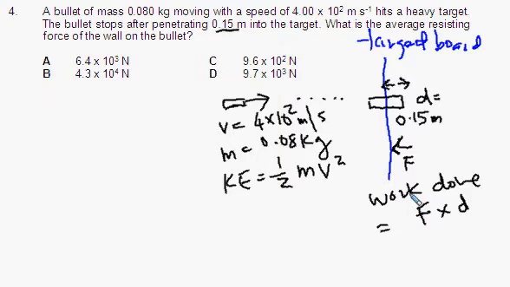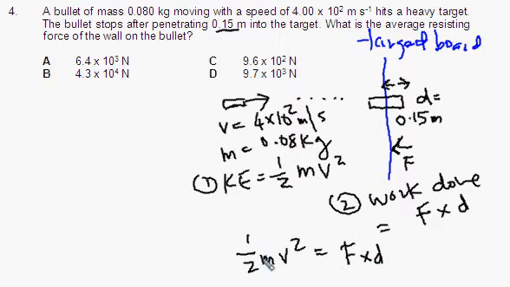You notice there are two types of energy in play: one is the original kinetic energy, and the other is due to the work done against the resistive force. So we can form an equation: my starting energy, kinetic energy half mv squared, is equal to F times d.